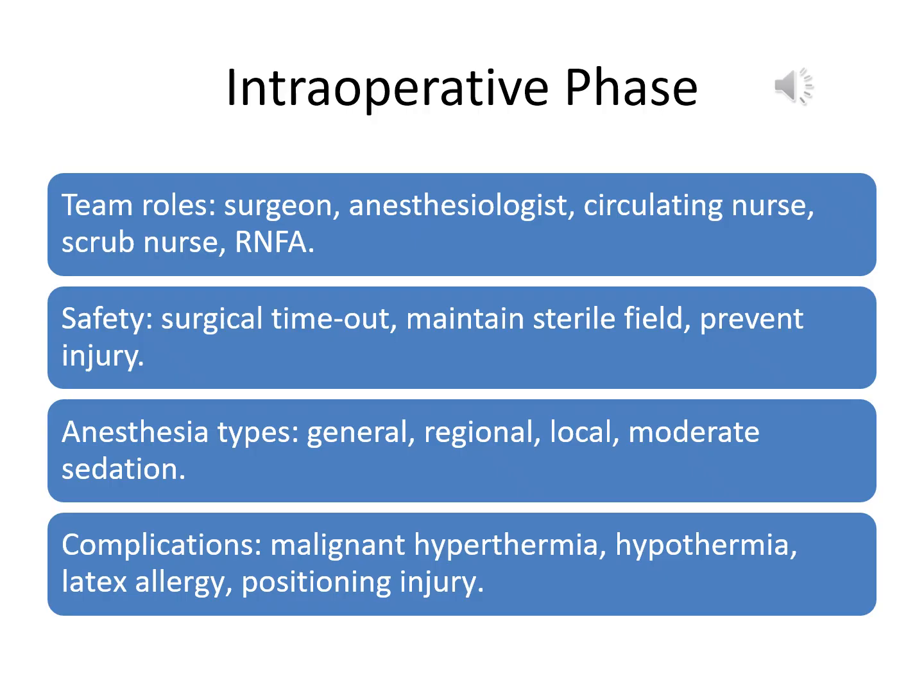Now, when we're looking at some of the risks and complications, we look at things like hypothermia. So sometimes in the operating room, due to changes in the body and the interaction of the nervous system, we can have patients who become too cold. And so we want to really make sure that we're addressing that complication as well.